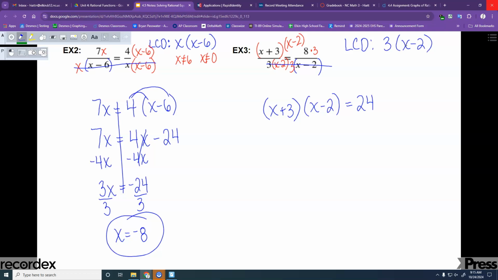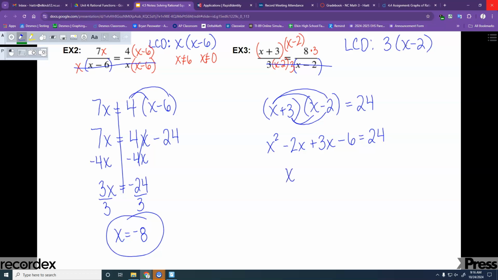Okay? Now, to deal with this, I'm going to have to distribute. So, x times x is x squared. This is minus 2x. This is plus 3x. This is minus 6. Okay, so you're distributing there. Foil that out.